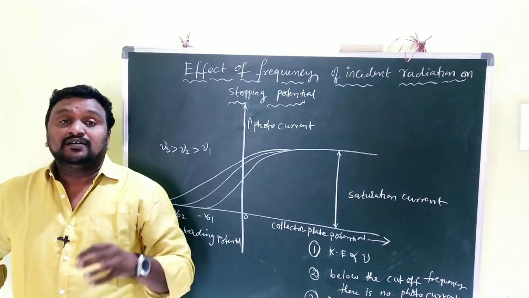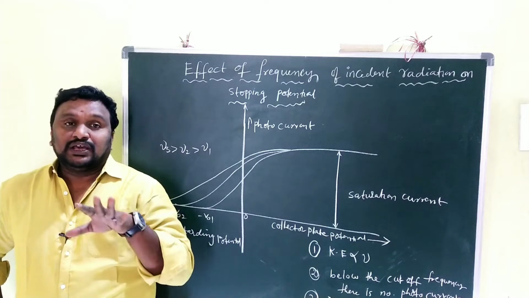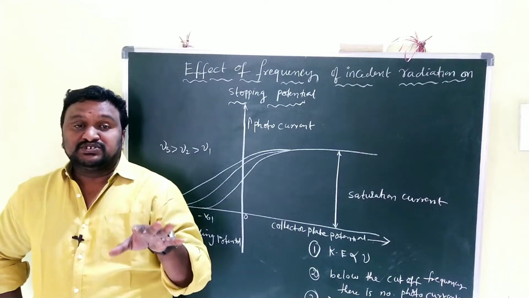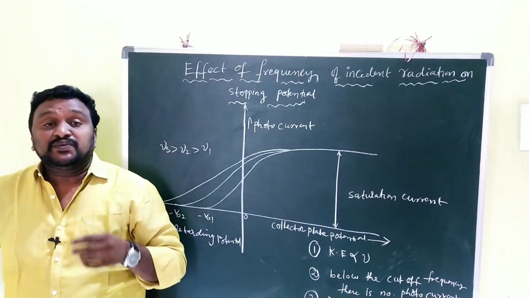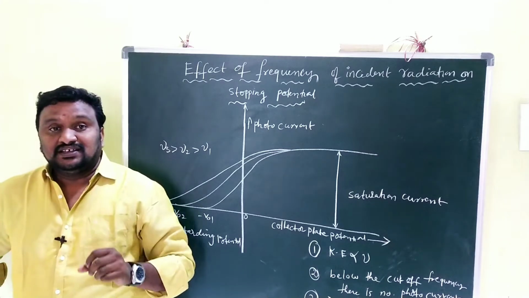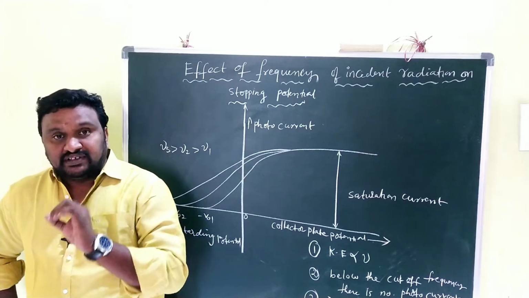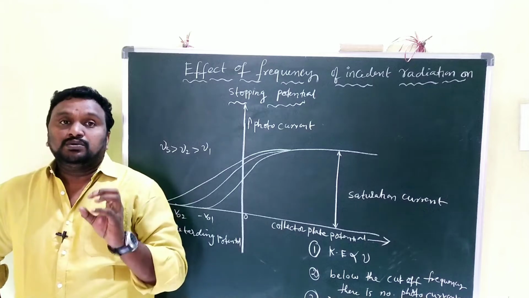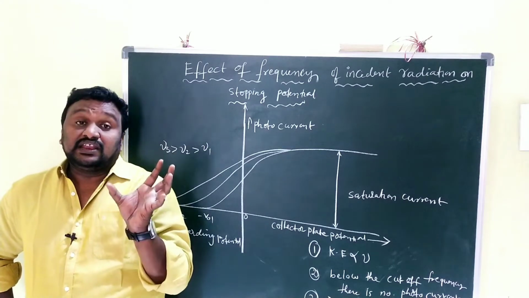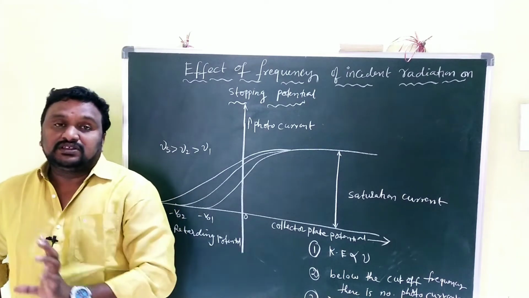That phenomenon we call the photoelectric effect, and the electrons coming from that metal surface are called photoelectrons. I clearly explained in the previous video how the process happens in the photoelectric effect with one experiment.